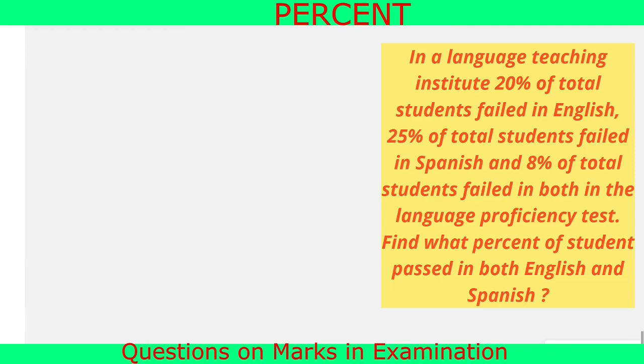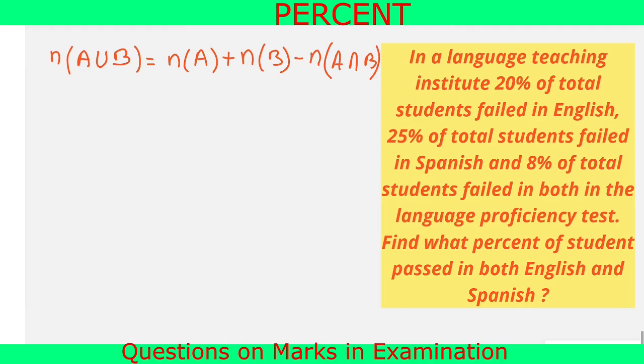That will be easy. So we know that the number of items in A union B is equal to number of items in A plus number of items in set B minus number of items in A intersection B. We have to find A union B. Here A is, say, English language and B is Spanish.